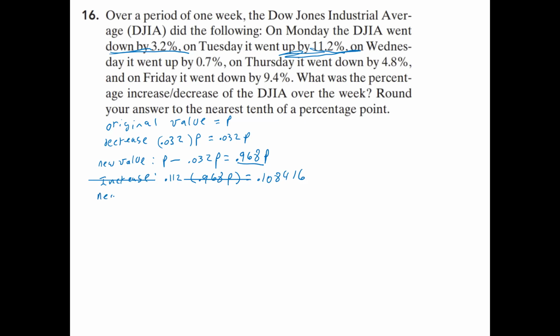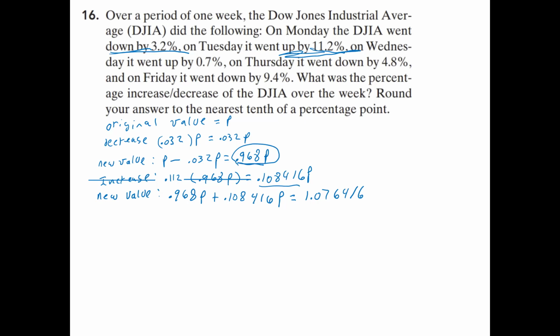The new value went up, so we add those together: 0.968P plus 0.108416P, and I get 1.076416P.